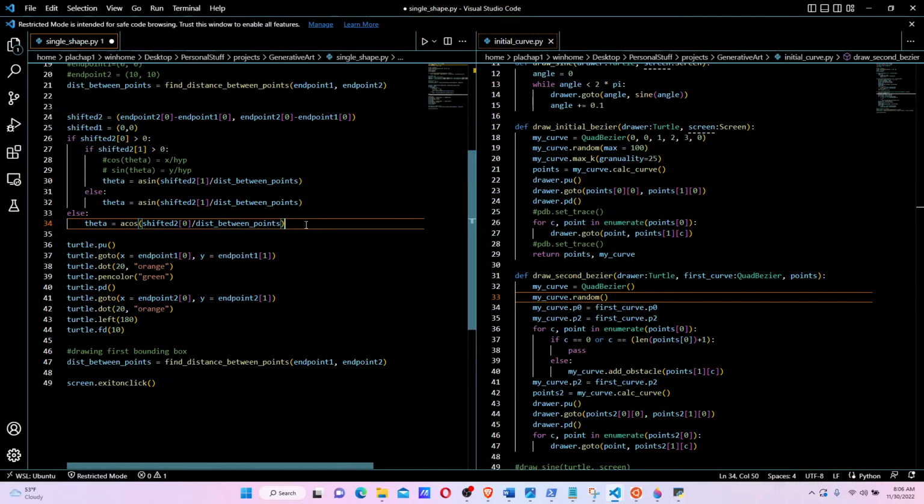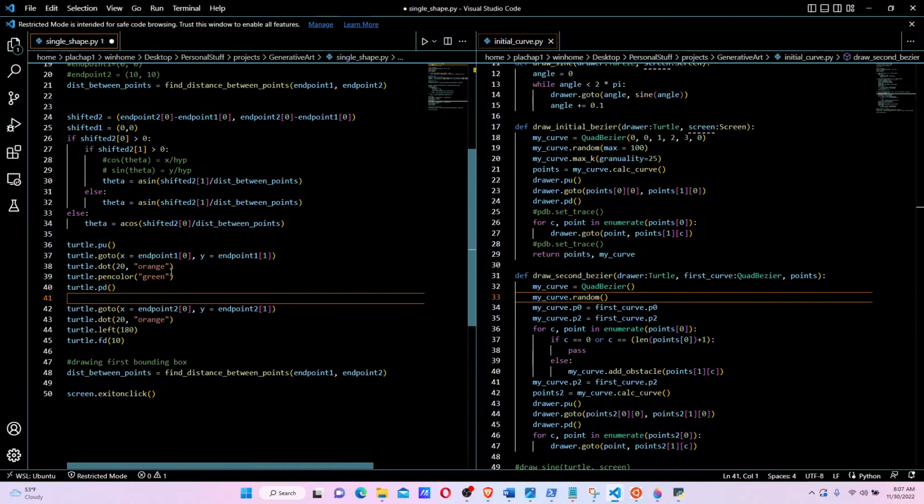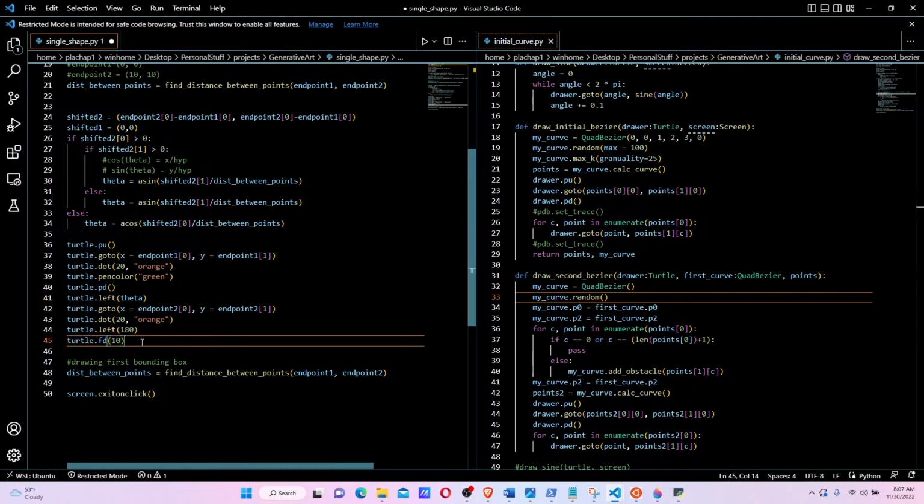And what do we do? Okay, so we want to do turtle dot left, turtle dot pick up, turtle dot go to, turtle dot put down, turtle dot left, and we want to go left theta, and we always go left, and then you end up back at the end.